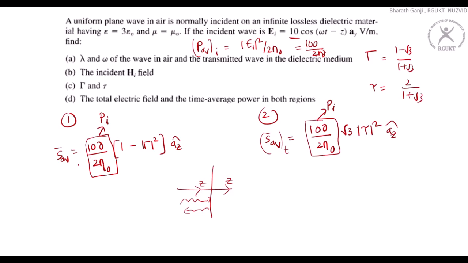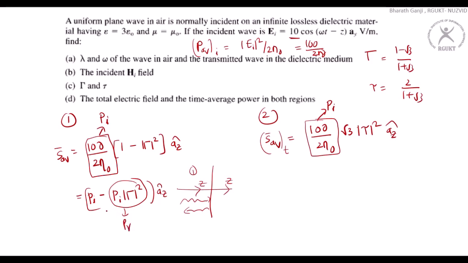The total power in the first region is the power that is incident minus the power that is reflected back.